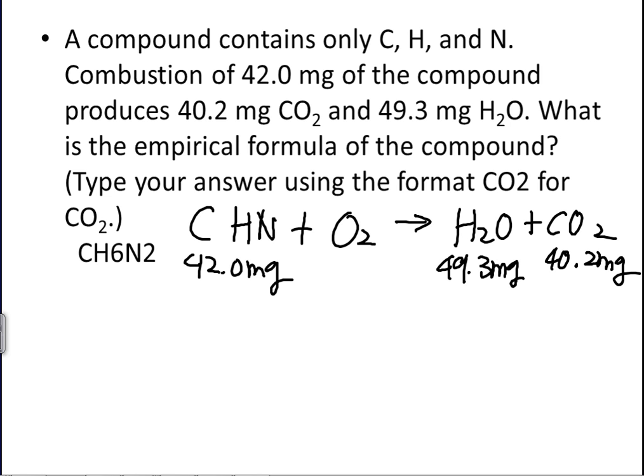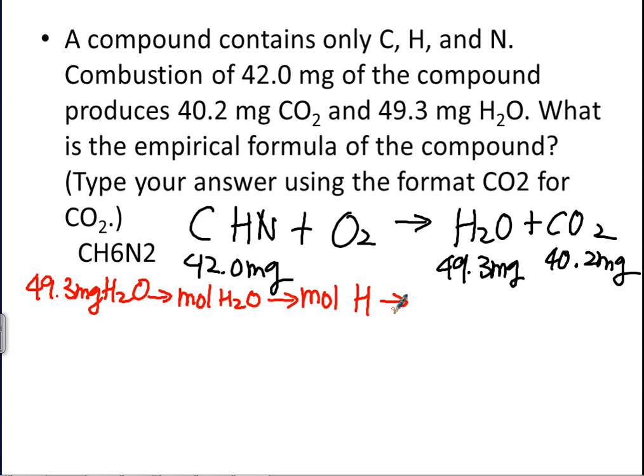So, I have 49.3 milligrams of water. I'm going to convert that to the moles of water. Then I'm going to figure out the moles of hydrogen. It'd be millimoles, though, right? If I know the moles of hydrogen, what can I find? Grams of hydrogen. I can do the same thing with carbon.